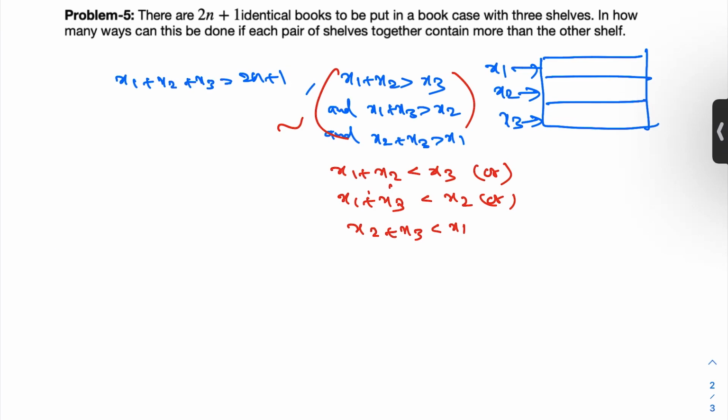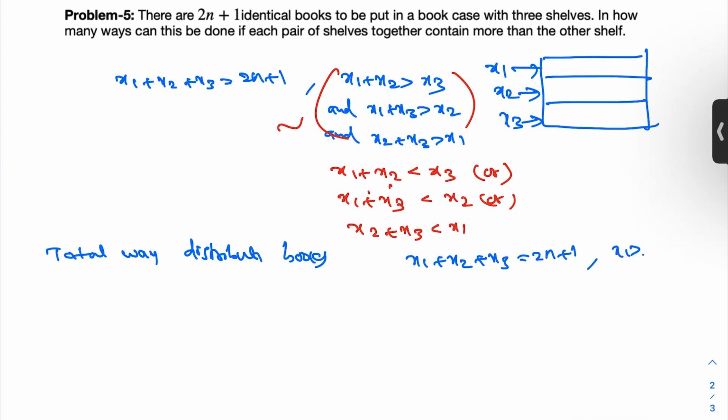First of all, the total ways of distributing these 2n plus 1 books into these 3 shelves is going to be what? x1 plus x2 plus x3 equal to 2n plus 1. No condition, simply xi should be non-negative for i equal to 1, 2, 3.